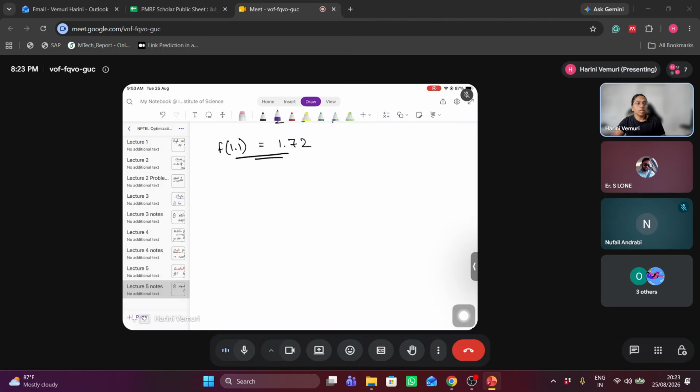So now, until now we have seen optimization of single variable or multivariable functions without any constraint, and how we are addressing it. Now if we have constraints, constrained optimization, how are we going to solve it?